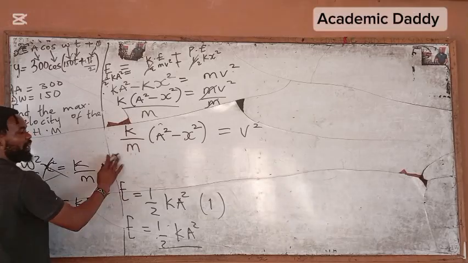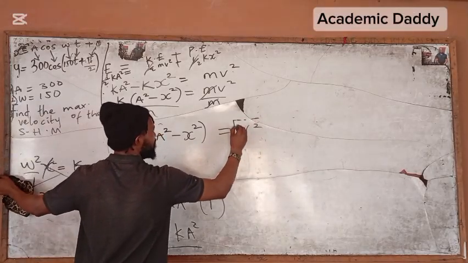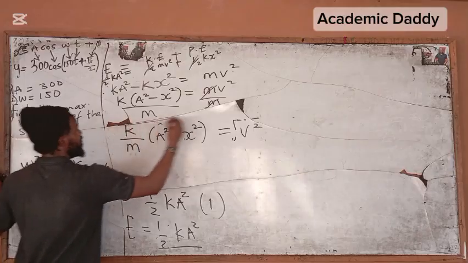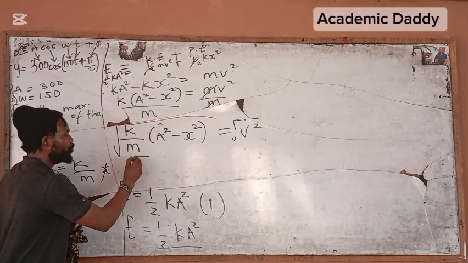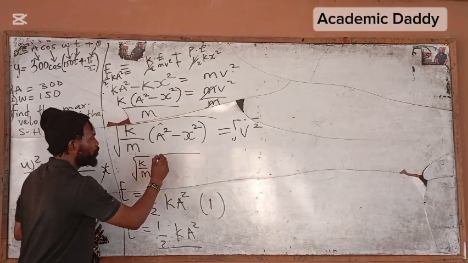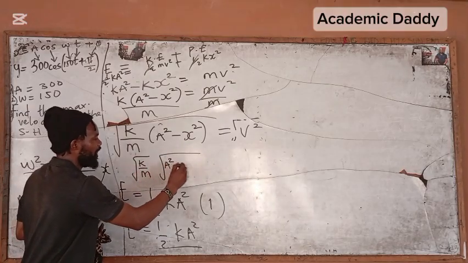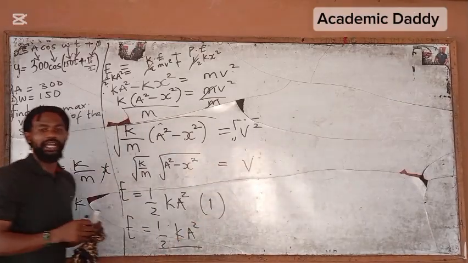To make V the subject of the formula, we take the square root of both sides. So this now becomes root K over M, then root A squared minus X squared is equal to V. Are you seeing it?